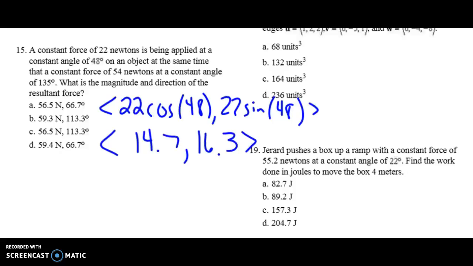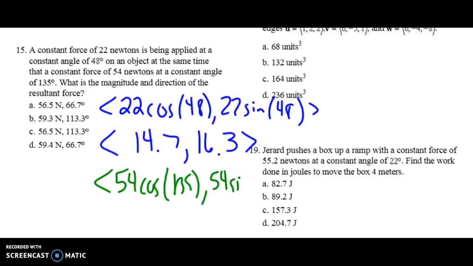Now I find my second vector, which is 54 cosine of 135 degrees, and 54 sine of 135 degrees. 54 cosine of 135 is -38.2, and 54 sine of 135 is 38.2.